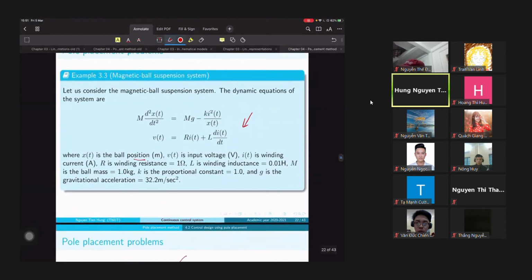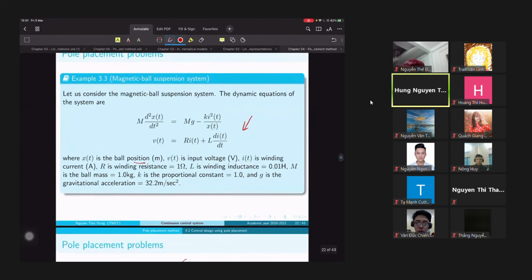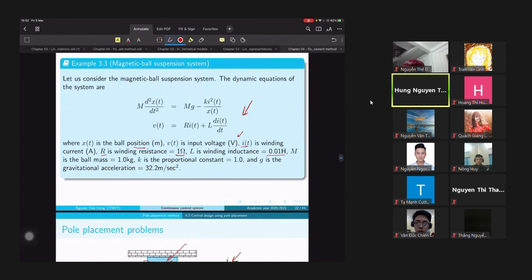V is the input voltage measured in volts, and I is the winding current, and R is the winding resistance, which I assume is 1 ohm. L is the winding inductance, and we assume it equals 0.01 Henry. And M is the ball mass, and we assume it is 1 kilogram, and K is the proportional constant here.